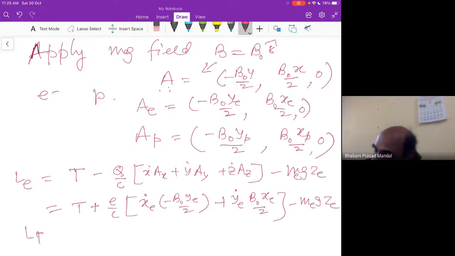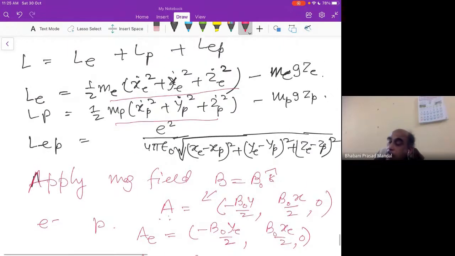Similarly, you can write it for the proton, and then you add them all together, so you'll get a Lagrangian for a charged particle, the Lagrangian for the hydrogen atom in the magnetic field. Or if you have any configuration of charge, an electron-positron system, or a two proton system, everywhere you can find the Lagrangian.